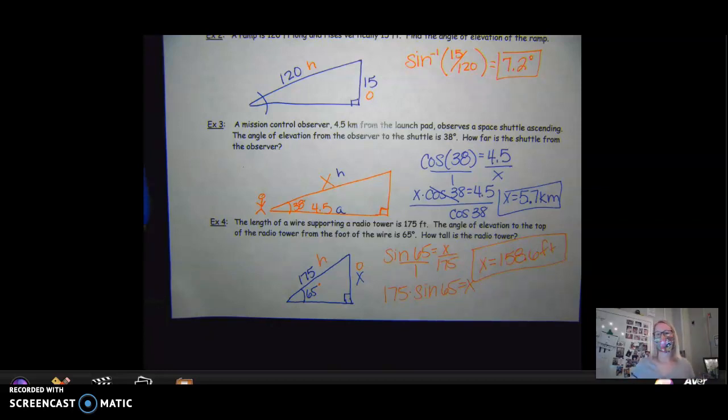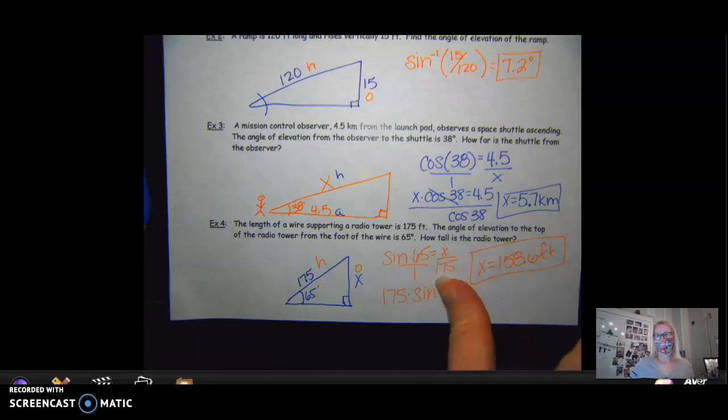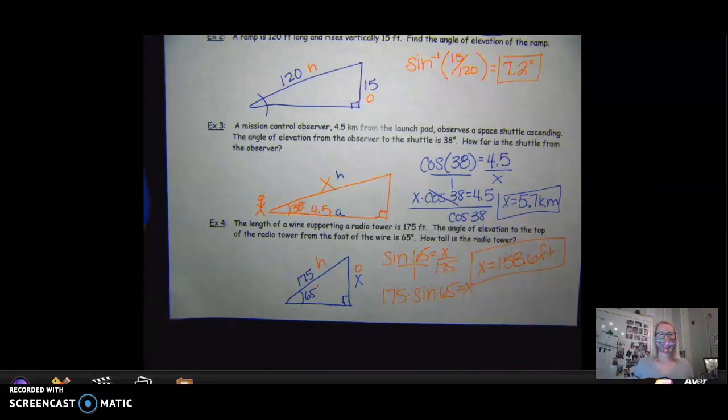So, angle of depression on the back. I'm just letting them catch up.